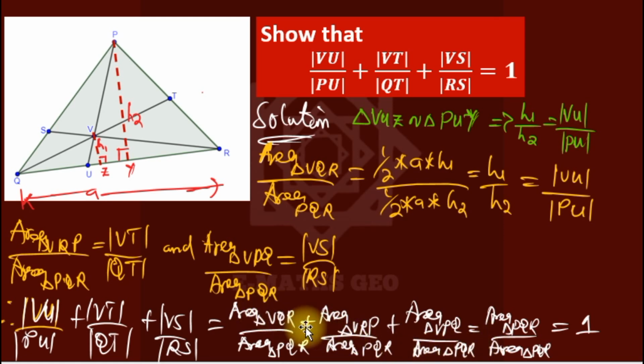And the addition forms the big triangle. VQR is this, VRP is this part, while VPQ is the other part, so they all sum to triangle PQR. So we now have triangle PQR over triangle PQR, which is 1. So we've proved that. Thank you.